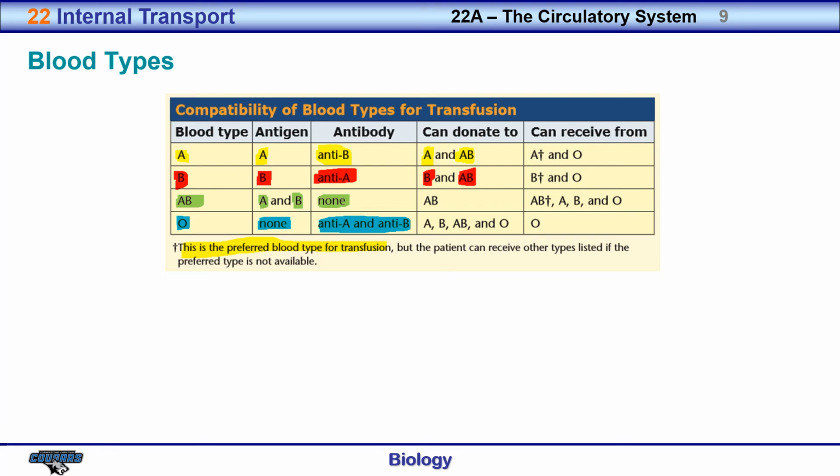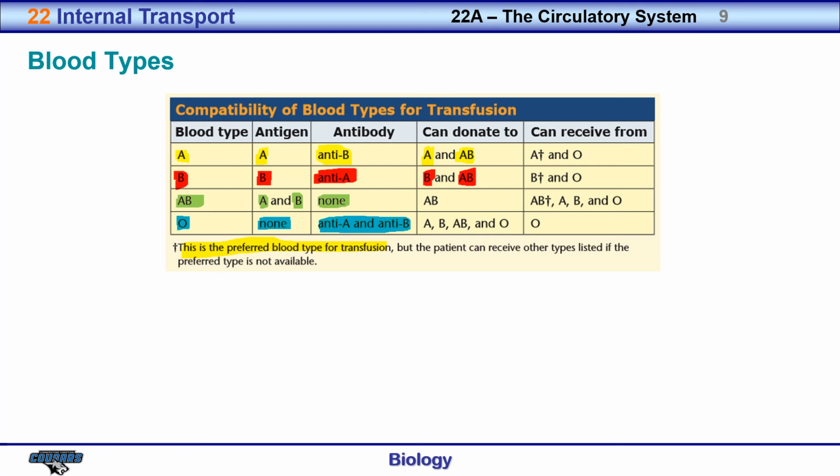B could receive it. They have anti-A, but you don't even have an A antigen. AB could receive it, because remember, an AB person has no antibodies up here. We said no antibodies, so they could receive type O blood.